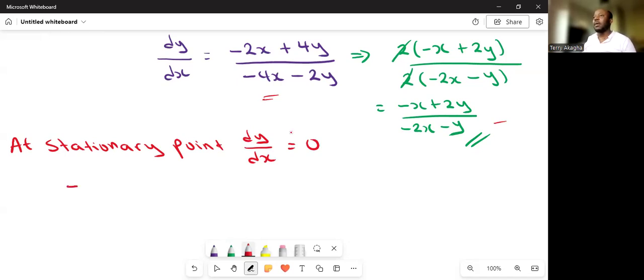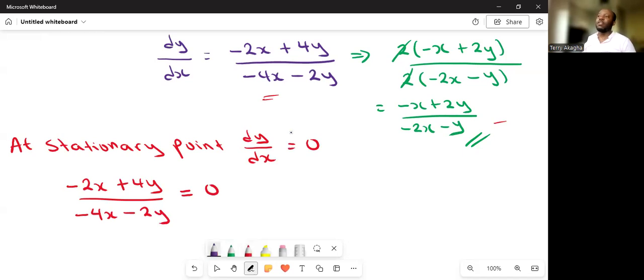So it means that minus 2x plus 4y divided by minus 4x minus 2y is equal to what? 0. Are you seeing it? Now, to get rid of this fraction, I'm going to multiply both sides by minus 4x minus 2y, and multiply this side as well by minus 4x minus 2y, okay?